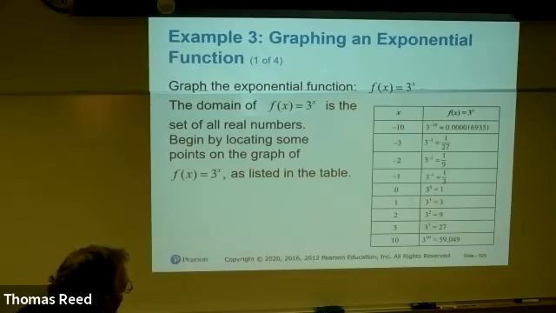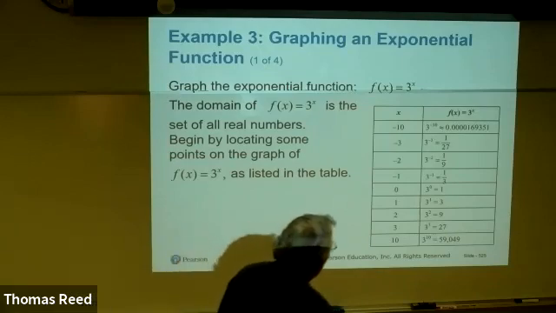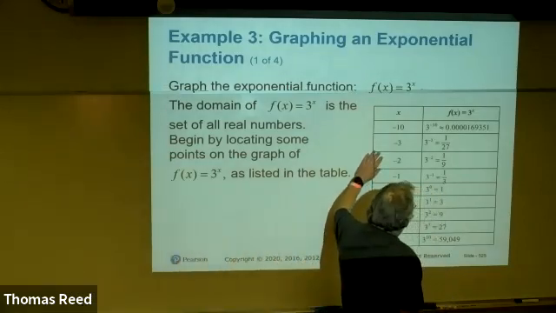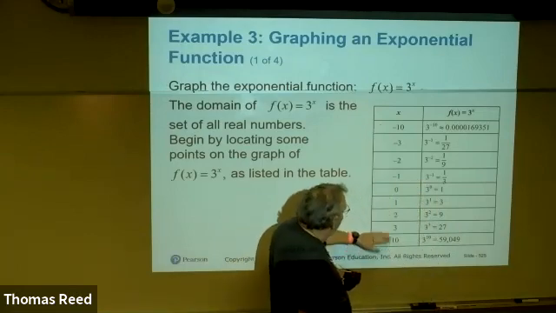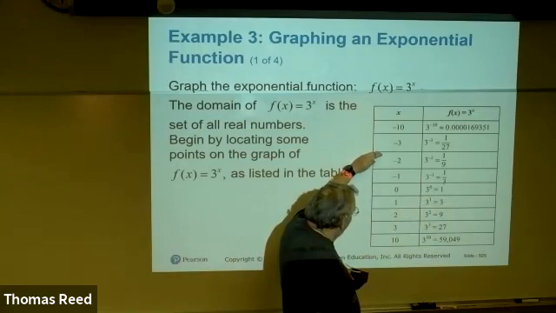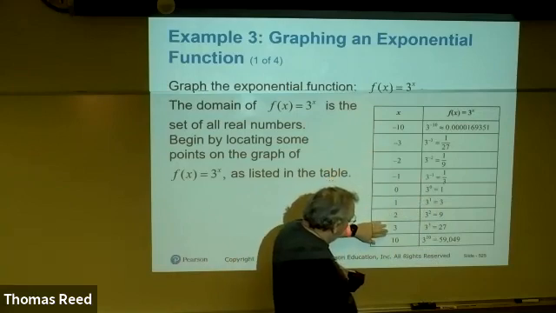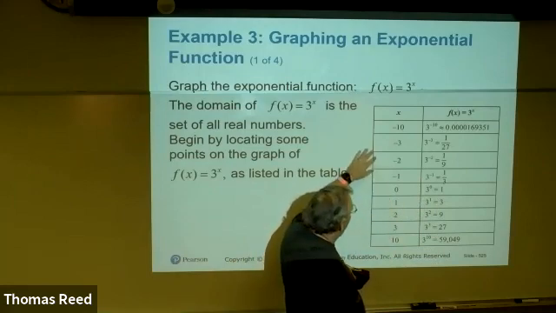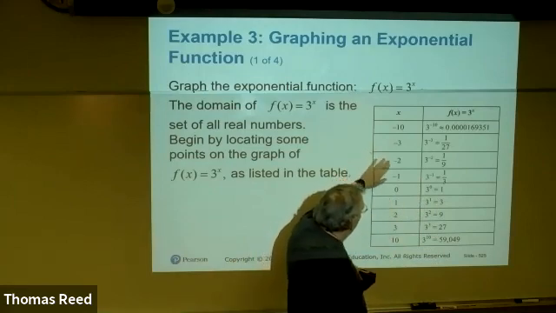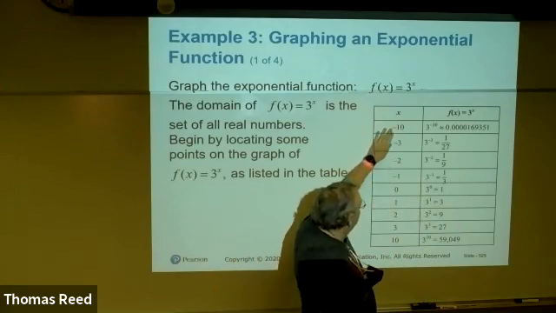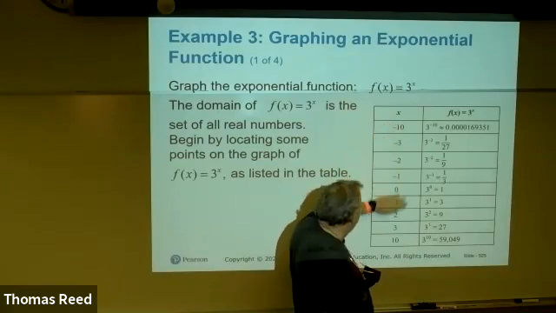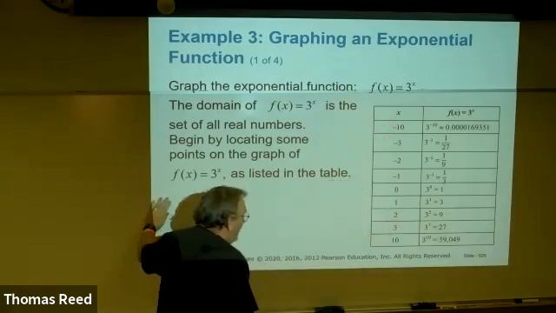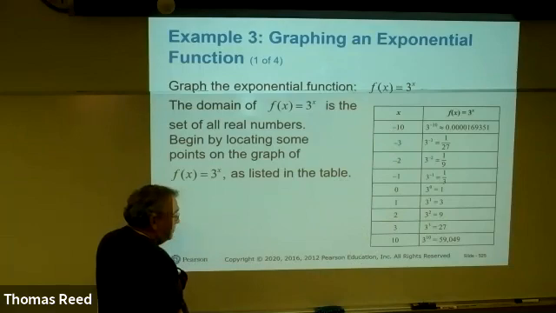And then you just start graphing. These get too small and these get too large. So we're basically looking at from -2 to +2 and possibly at 3, depending upon our graph, if we can do that here. Well, these numbers are just getting closer and closer to 0 because they get smaller and smaller fractions. So as x goes to the left, I'm going to get smaller and smaller fractions.